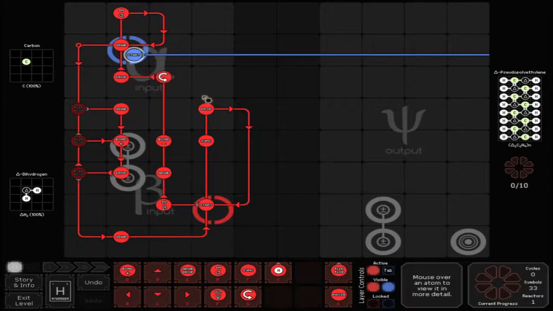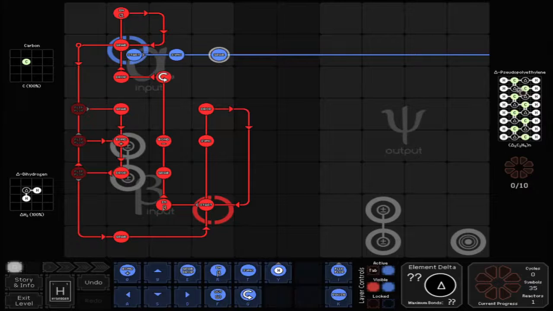Blue. There's your sink. And I want you to grab onto the delta, because it looks like that's where the layers, or the molecule I have to bond to the next layer up is. Actually, just a second.